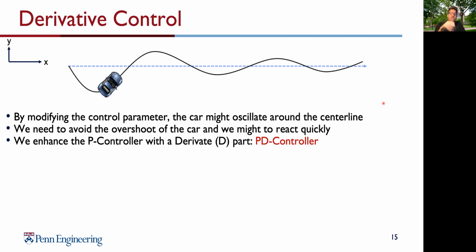And we need our car to react a little bit more quickly, because the P controller is also really slow, because the car needs time. We can achieve that by integrating a second part, the so-called derivative part, the D part, and therefore we create a PD controller.